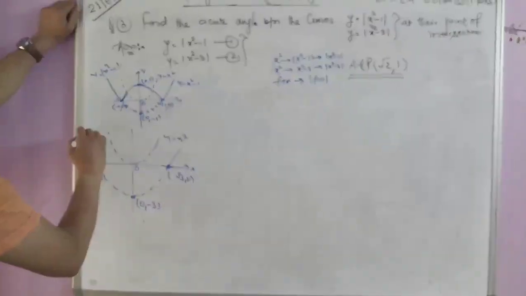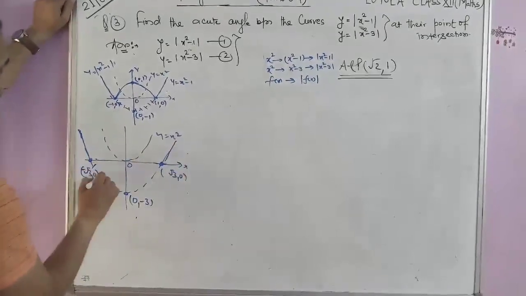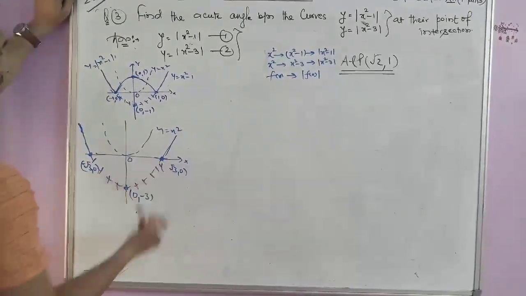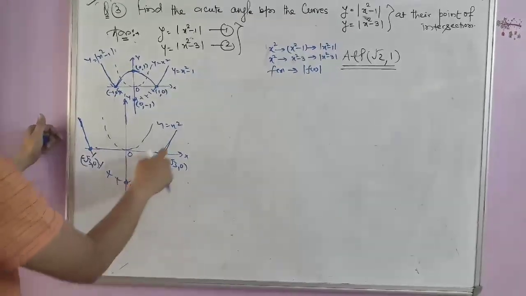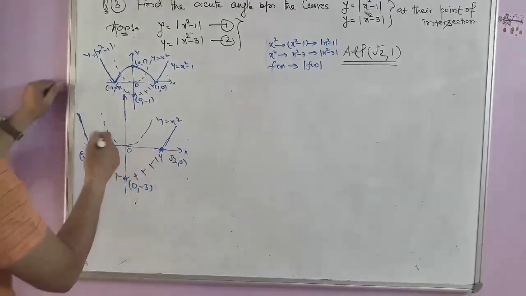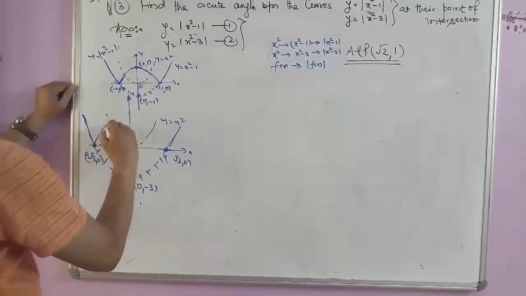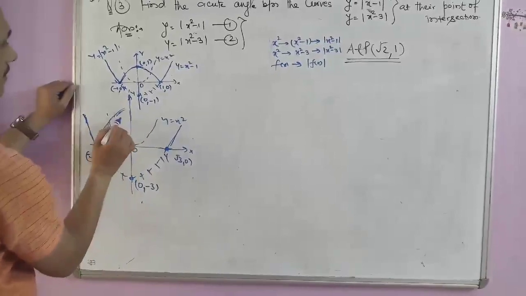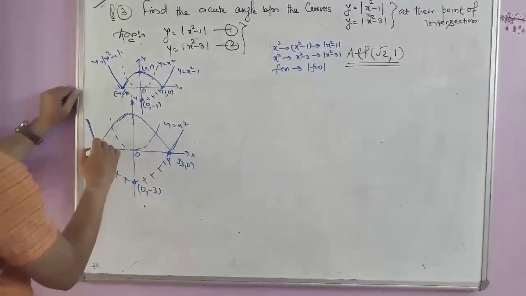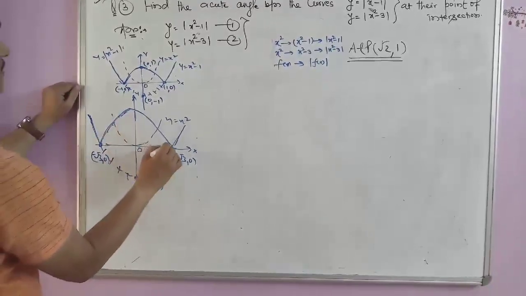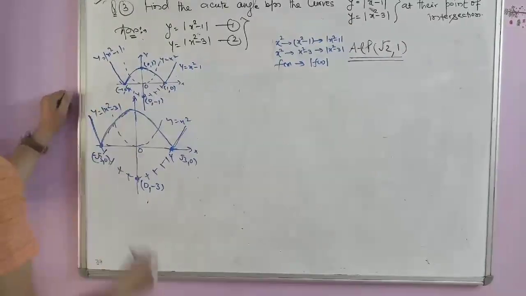Similarly, we keep intact this portion, delete this portion but take the image of this deleted portion of the graph about the x axis. Clearly this will be the graph of y equal to modulus of x² − 3.